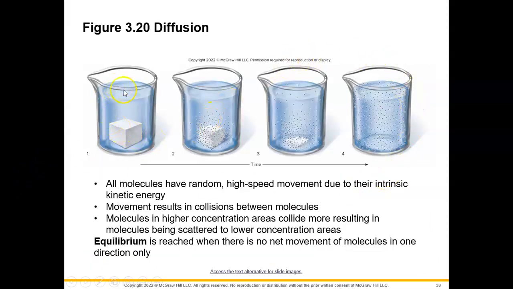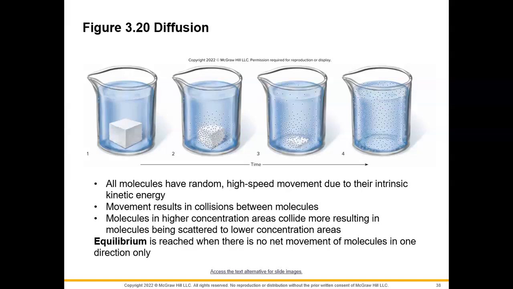So diffusion is when we take a substance that's concentrated, like the sugar cube, and put it into a solvent. The molecules all have a random high-speed movement due to their intrinsic kinetic energy, and that movement results in collisions between the molecules.